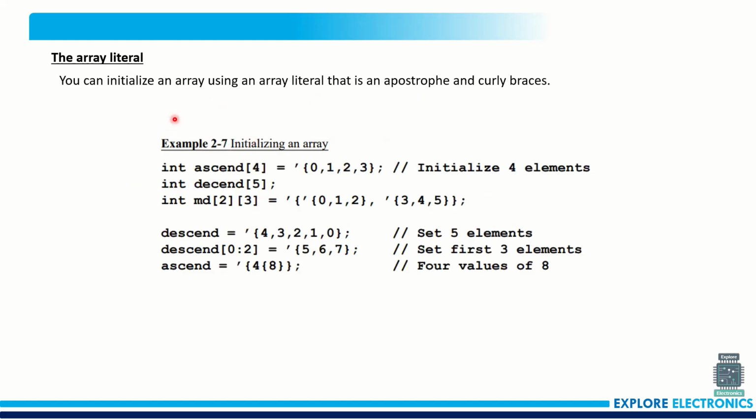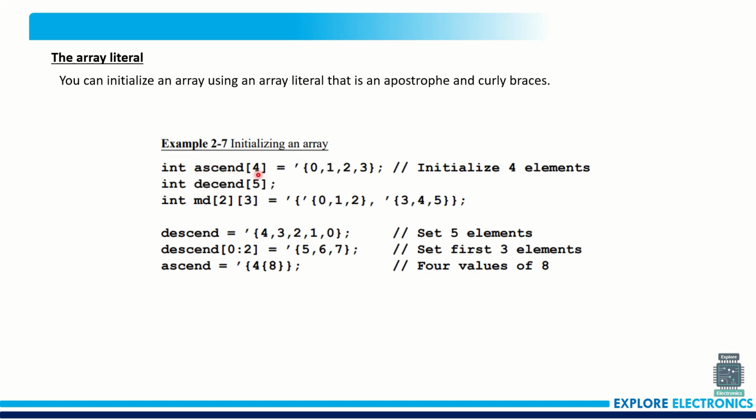Then we can understand how the array will be initialized with some values, okay? You can see there are some examples here that are also called array literals. So int ascend[4], this is the declaration of the array. At the time of declaration itself we can assign the values, or initialize this array.